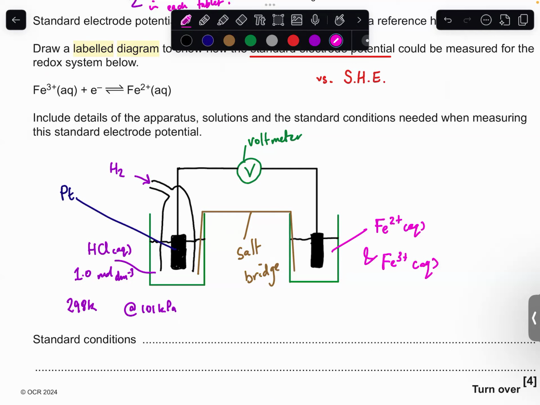They're both going to be at 1.0 moles per decimeter cubed, being the standard concentration. It will be again at 298 Kelvin standard temperature. And the electrode, we need something inert that doesn't chemically react. We use platinum again. And this gets you all 4 marks for this diagram.